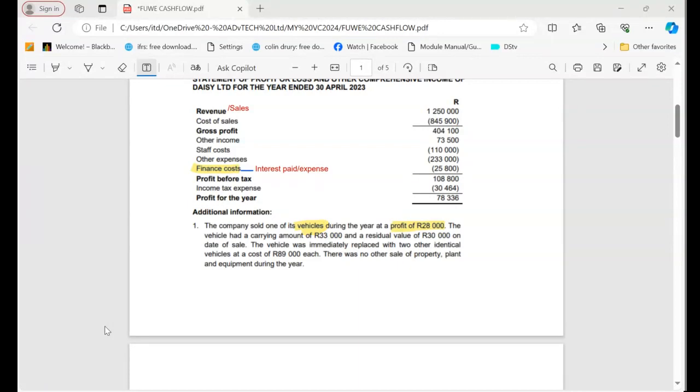Now, this is similar to what we just did under the financial assets, remember? I'm going to ask you a question before we go further. Can you see here is the profit I highlighted?